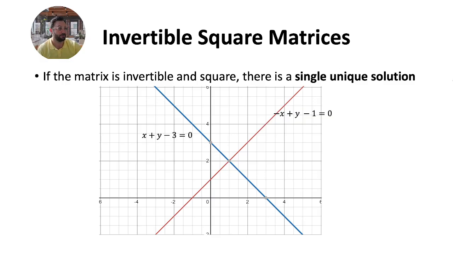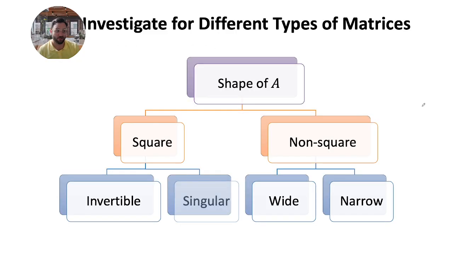So from invertible square matrices, there exists a single unique solution. The first row of this matrix and its solution provides one line, and the second row provides another line, and the rows of these matrices intersect at one point, and there's a single solution.